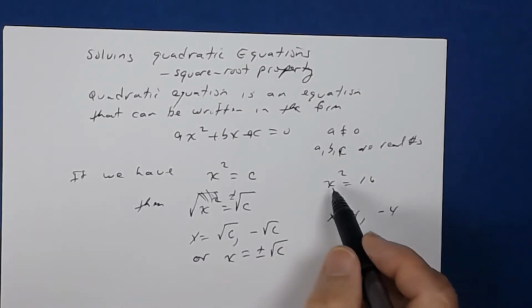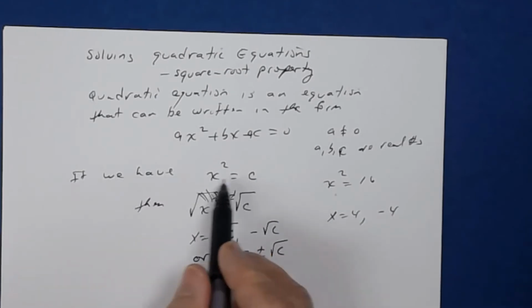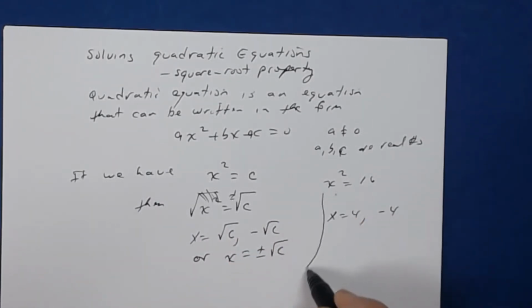So based on this property, if you have x squared equals 16 and take the square root of both sides, don't forget the plus or minus. The square and square root undo each other, and you get x equals plus or minus 4, or you can say x equals 4, negative 4.